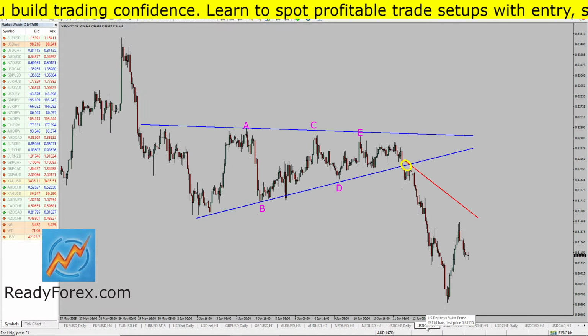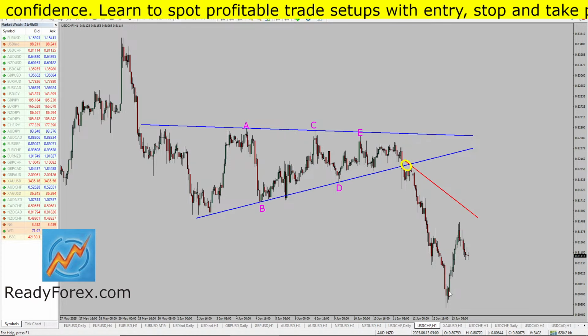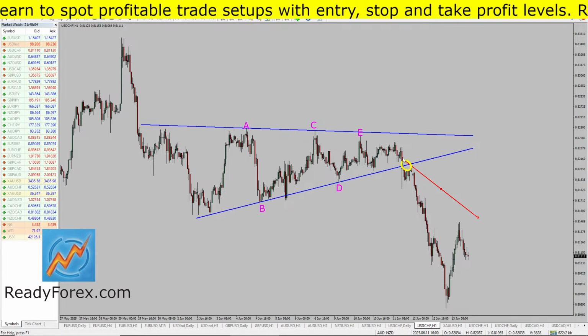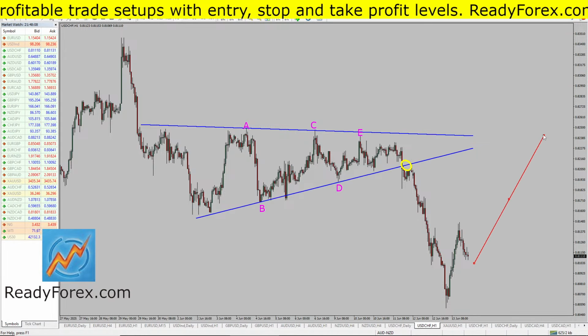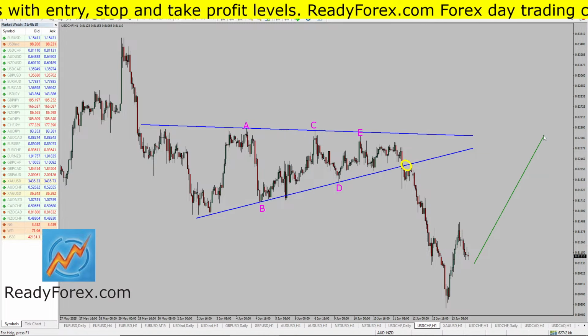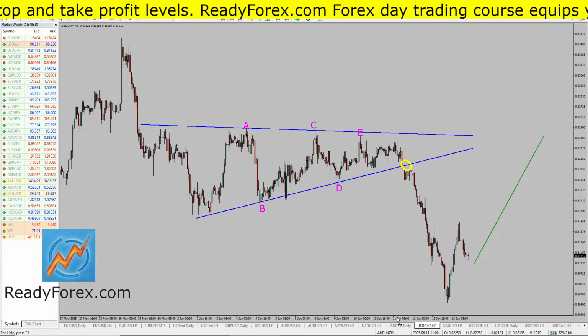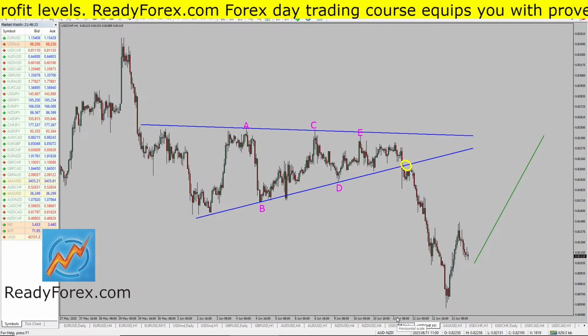So there's a high probability that we have seen a bottom inside US dollar Swiss franc, and price action is now going to rise up from these current lows. Let me change the color of this trend line. Let's change it to green. So I am expecting bullish price action inside US dollar Swiss franc currency pair, and a good idea is to look for potential buy opportunities.